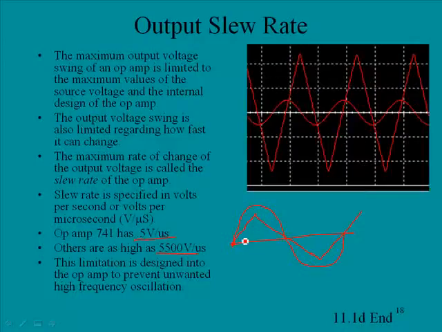If, for example, the input signal had been at a lower amplitude and the same frequency, the op-amp could have kept up with that rate of change, but this rate of change was just too severe. And the reason that it does this is because there's a design built into op-amps to prevent high-frequency oscillations.